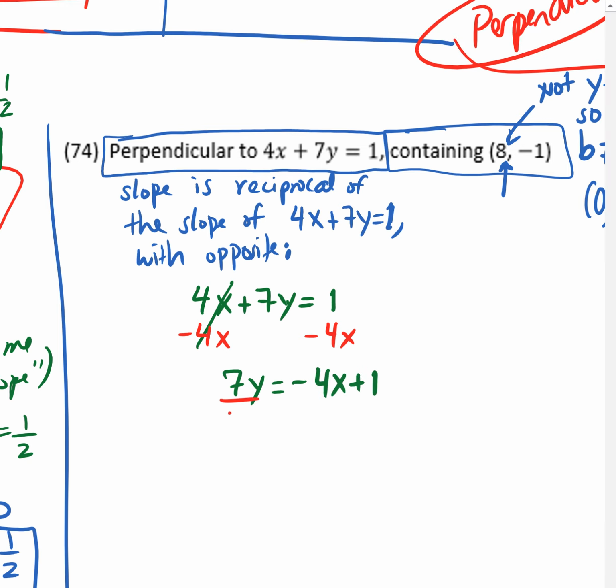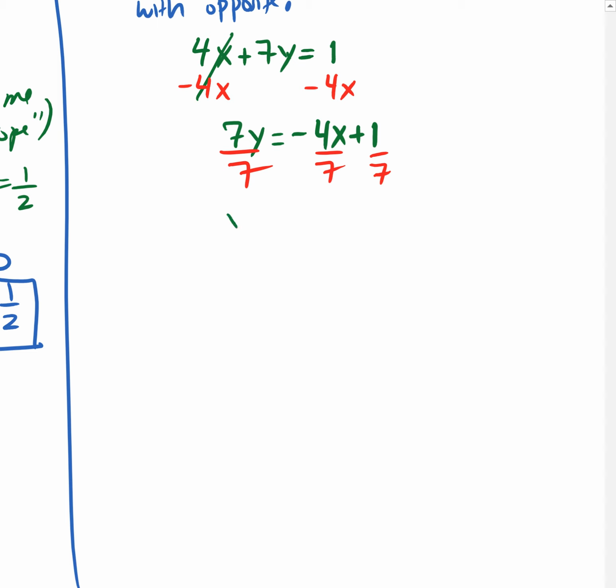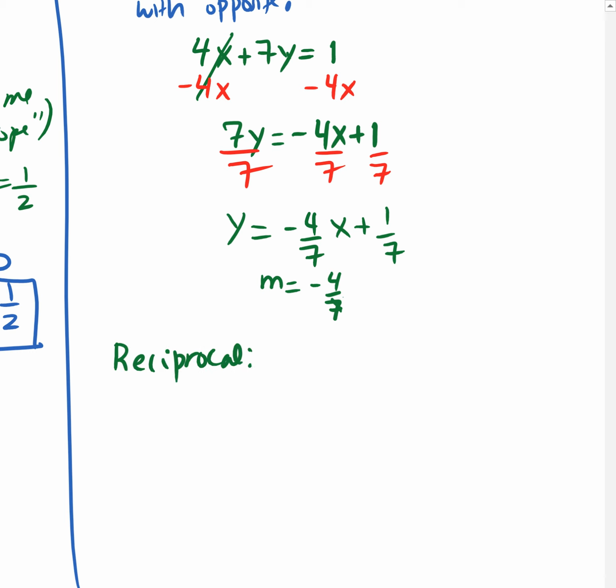If I divide both sides by 7, every single term, then I'll be left with y is -4/7 x plus 1/7. What really matters is this line's slope is the coefficient of x, -4/7. But I want the reciprocal of that, which is, what's that upside down? 7/4, and opposite sign.